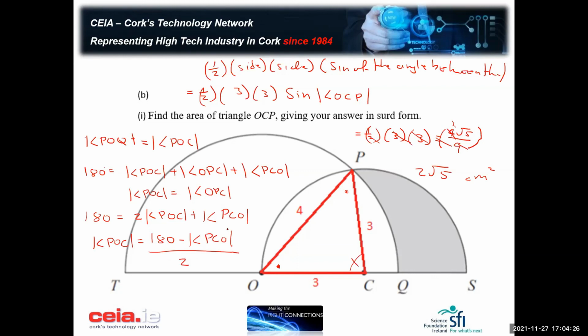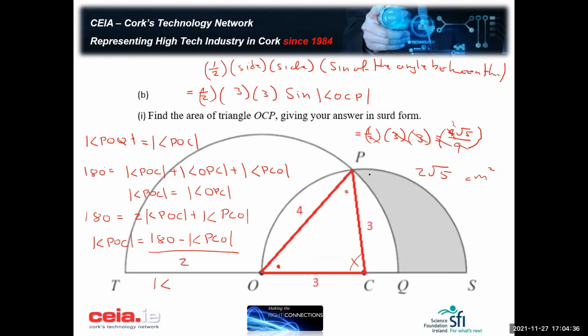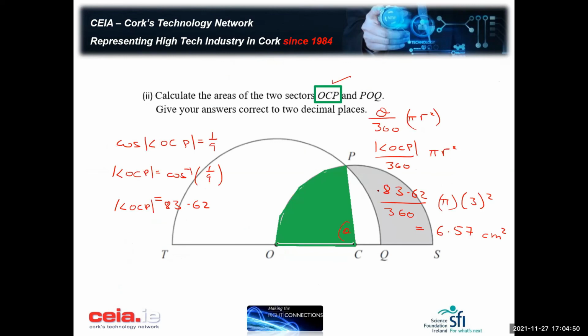But we already know what the measure of angle PCO is. We've been doing it all along. PCO is the same as OCP, just expressed differently. So the measure of angle PCO equals 83.62, and we had that a moment ago. There it is.